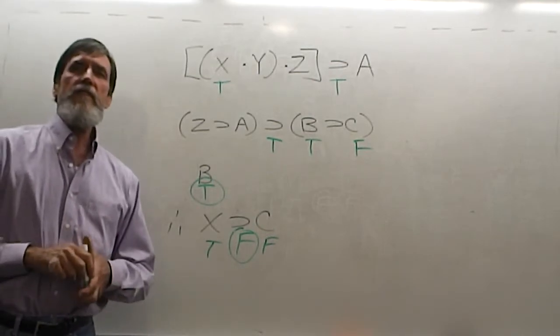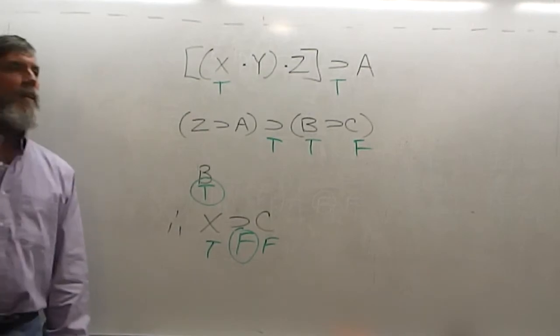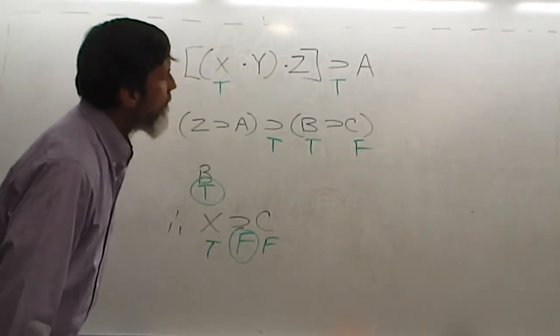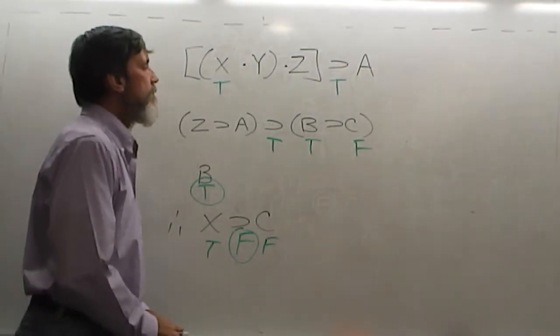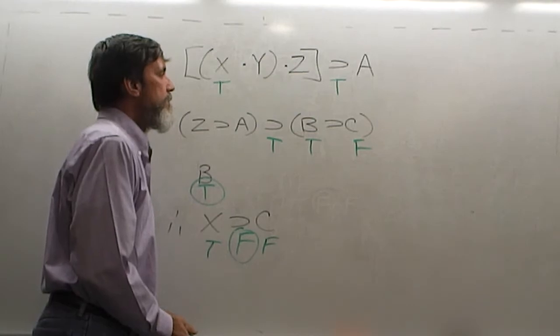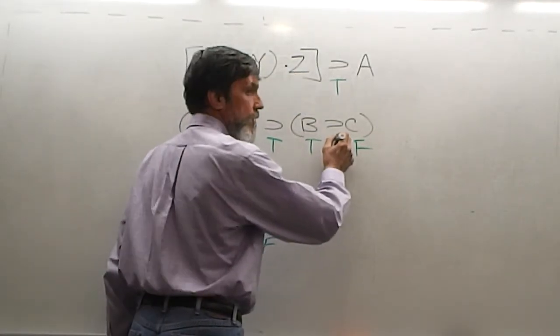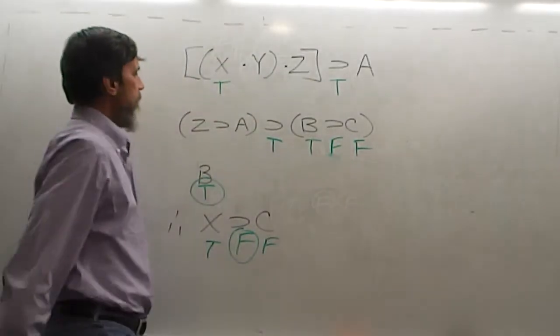Now we continue the search, looking for a symbol whose truth value we know at this time. The "if B then C" is false. What is? This horseshoe? It is.